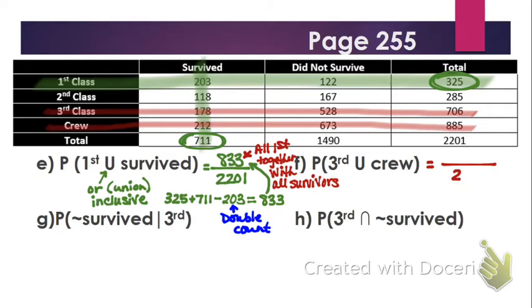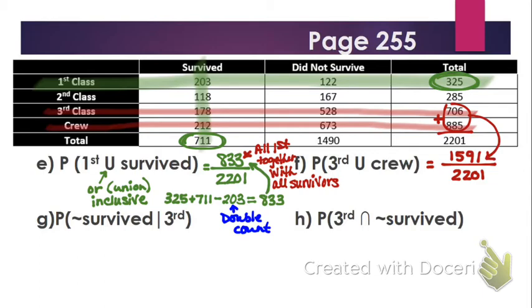So my denominator is 2201. What's my numerator? 1,591. We're going to add these two together to get this right here.